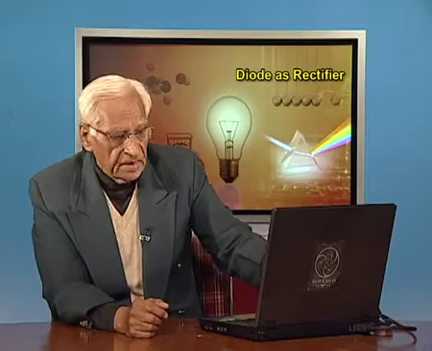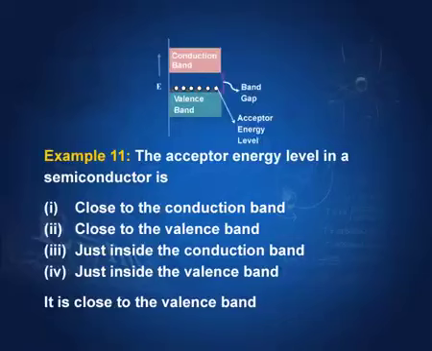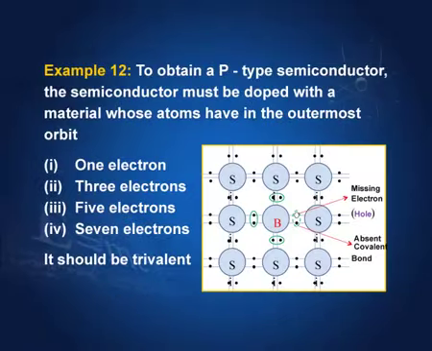If you remember, acceptor is a trivalent impurity, and we shall see in a moment how this is trivalent, and you can see that these electrons of the silicon are bound by covalent bonds to the 3 electrons of boron. 4th electron of silicon is unpaired, and since 1 electron is missing, this gives rise to a hole.